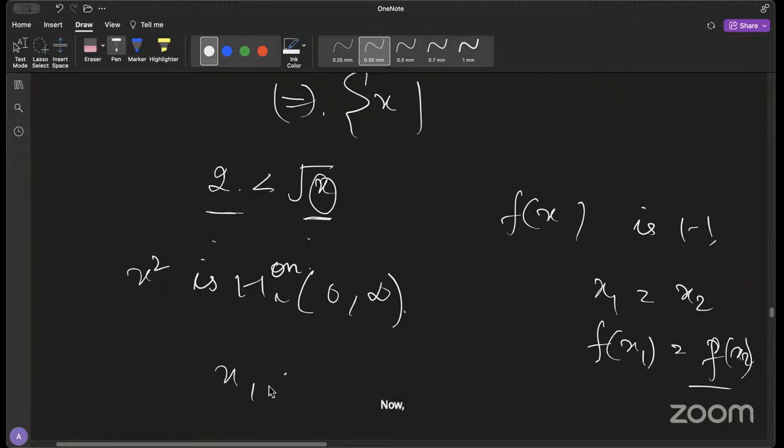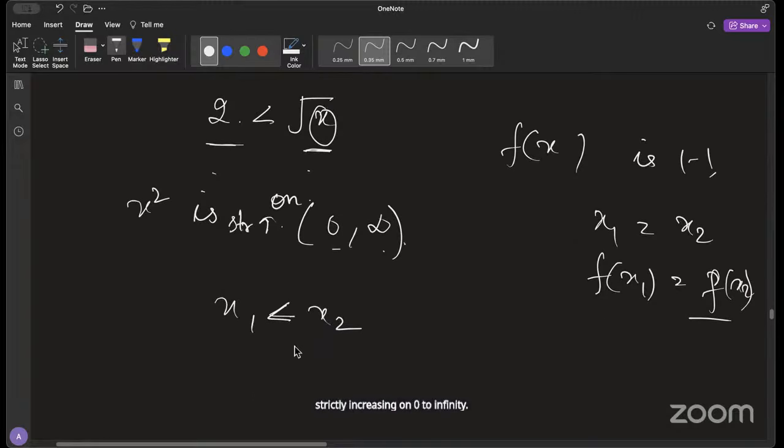Now, if I have x1 less than or equal to x2, then x square is increasing too. In fact, it's strictly increasing on 0 to infinity. x square looks like this, which means it's strictly increasing.